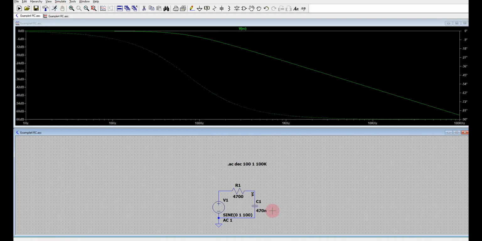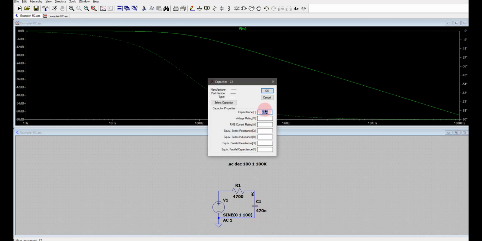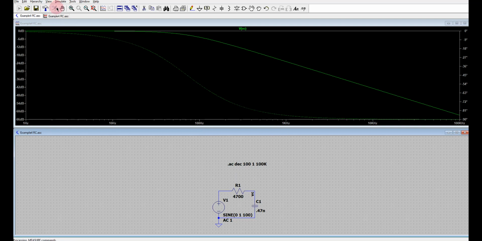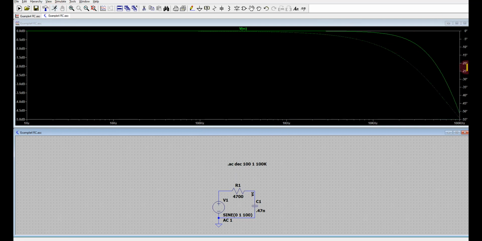Right, I have to put it 0.47 to move it towards the right. So it has moved towards the right. So this is how we can see the response of a filter out here.